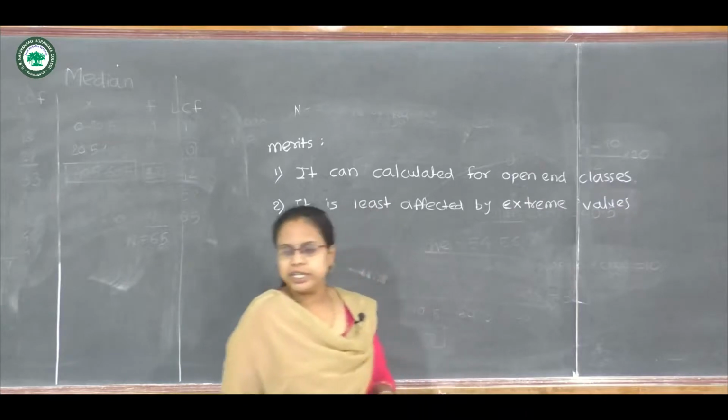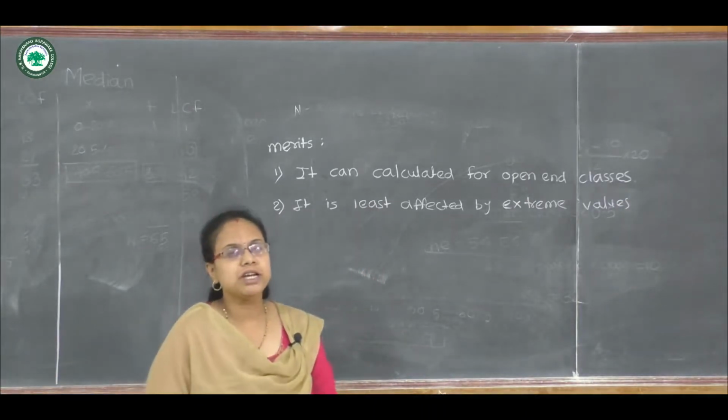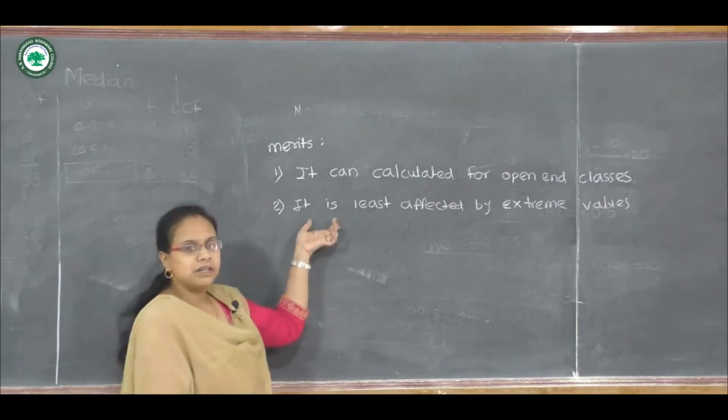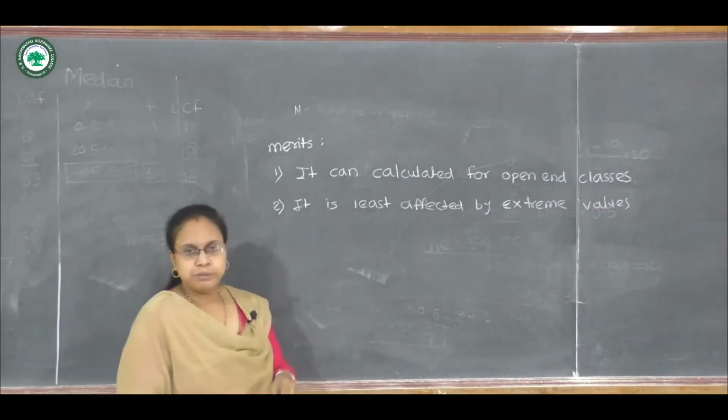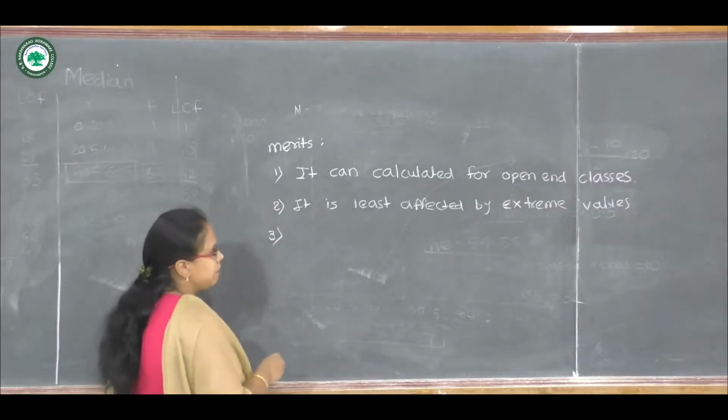These are actually demerits of arithmetic mean, which are covered here in the type of average median. So these are the merits of median.